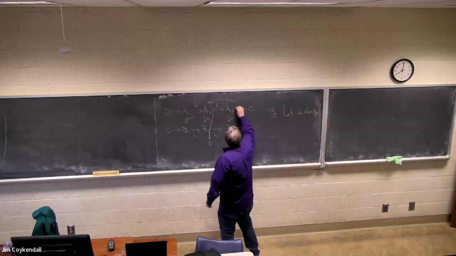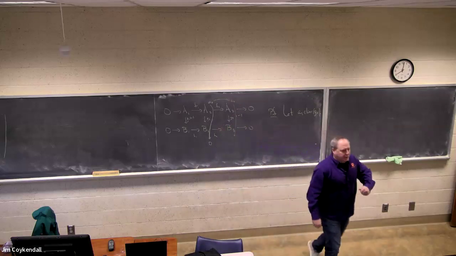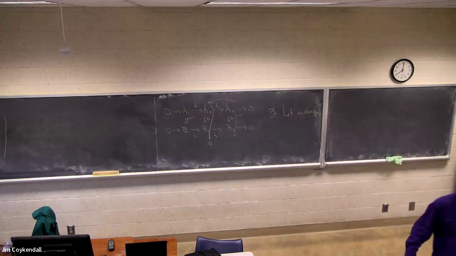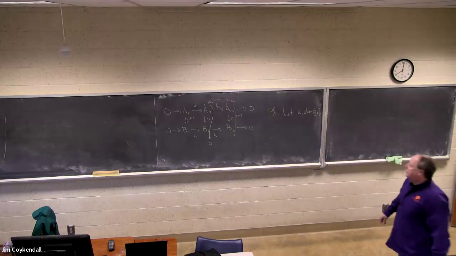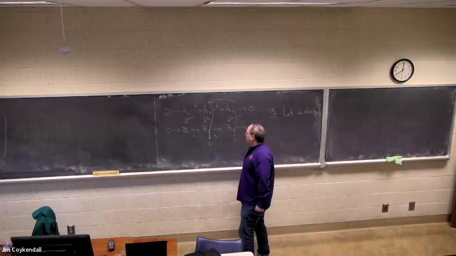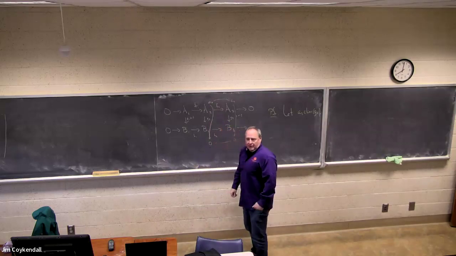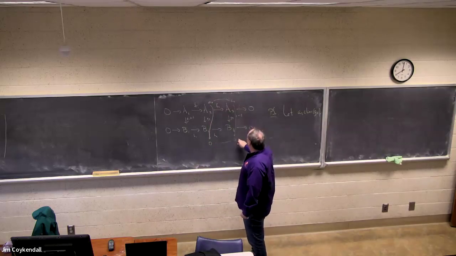And how about A3? When I push it down, where does it have to go? 0. It has to go to 0. And here we're using the fact that the diagram commutes, because going this way certainly gives 0. So going this way has to give 0.